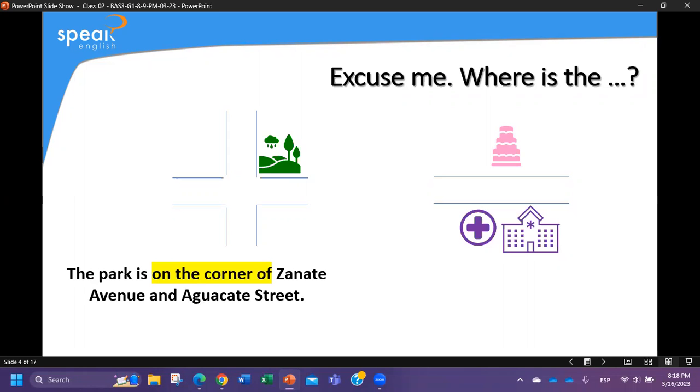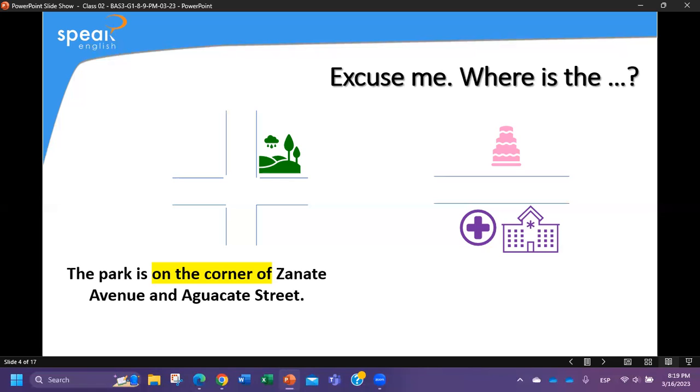Now, what about the other two places? What are the places? Bakery. Excuse me, what is the bakery? All right, so where is the bakery? What is the answer? The bakery is in front of the hospital.